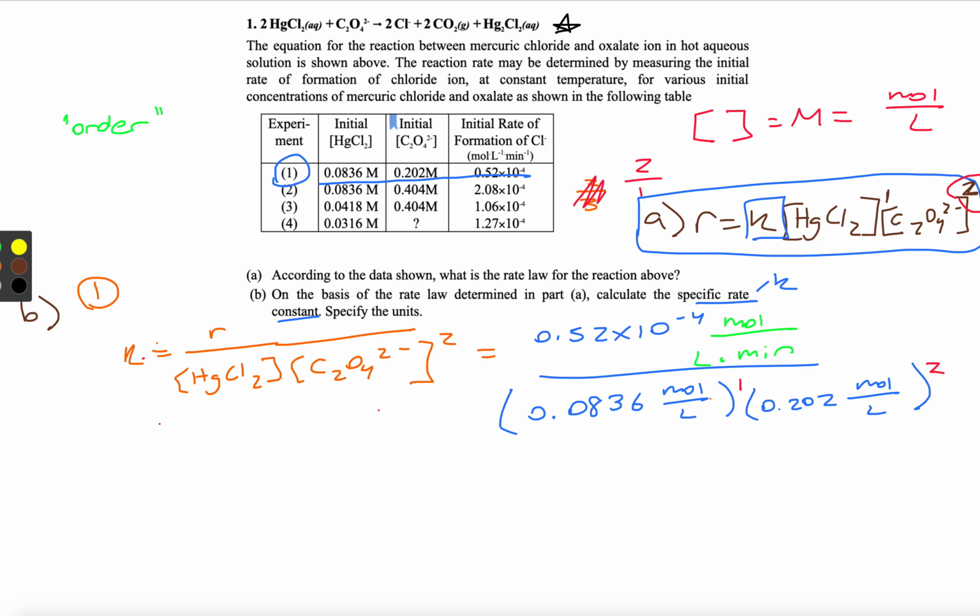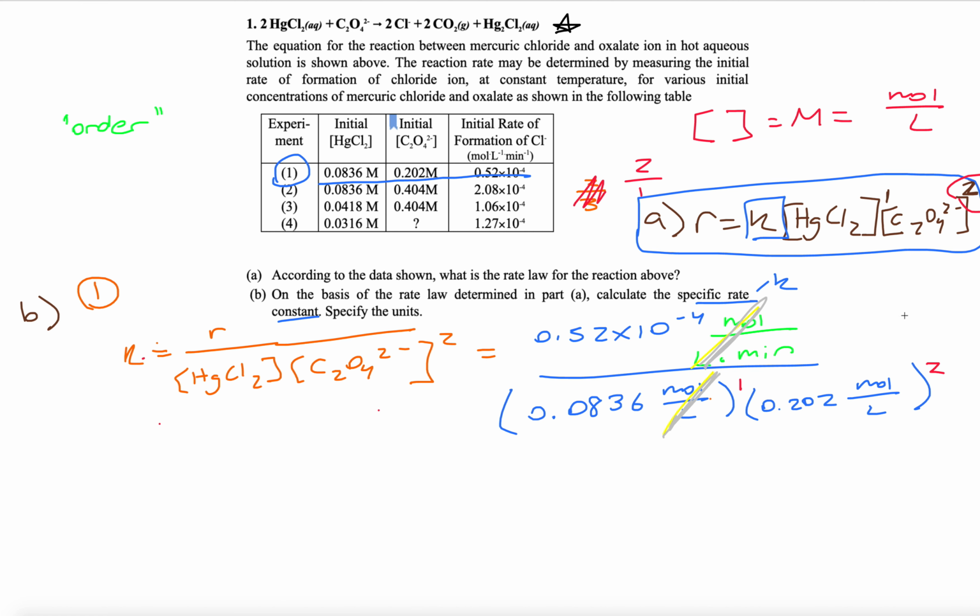So let's just take a look at our units. So we have moles per liter. If we divide moles per liter by moles per liter, those two are just going to cancel out. But here we have moles squared per liter.